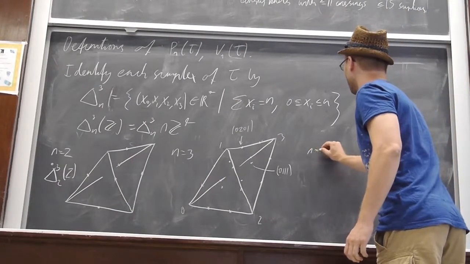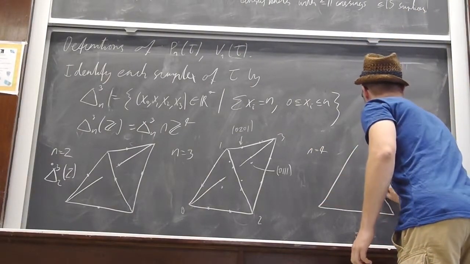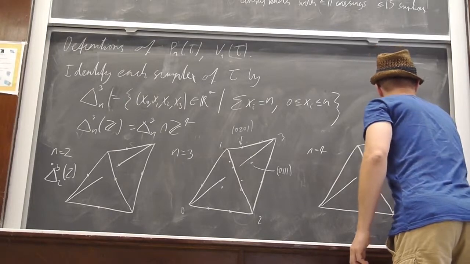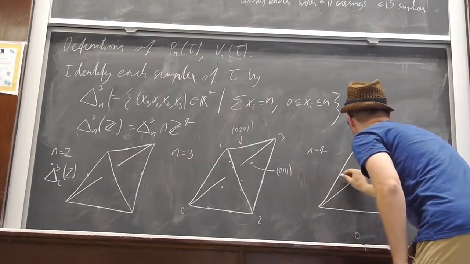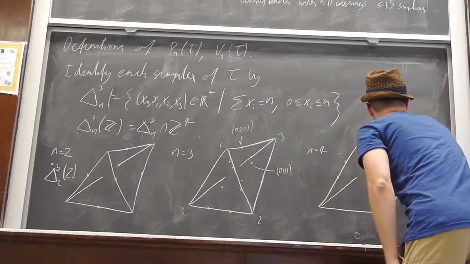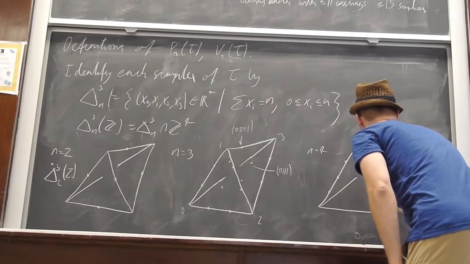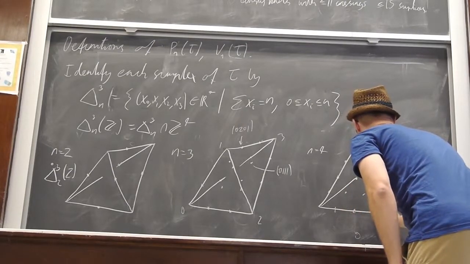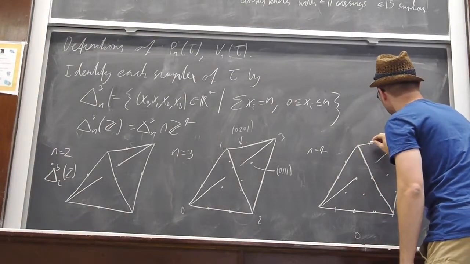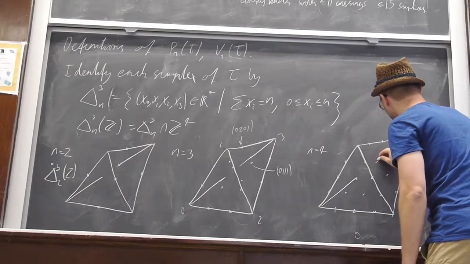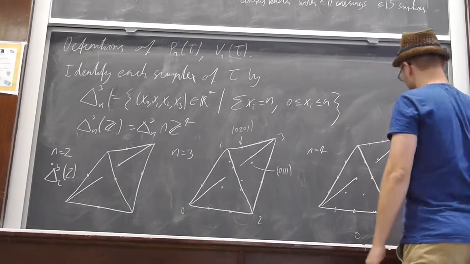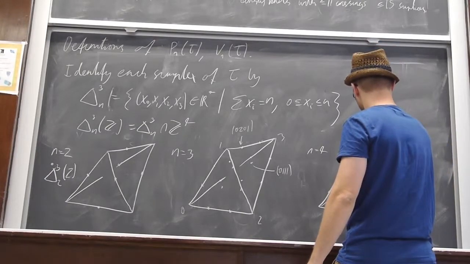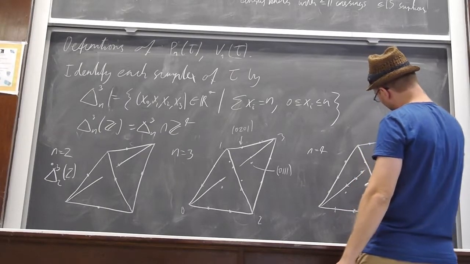Let me just do n equals 4. It's harder and harder to draw. I'm not going to try the 5th one.